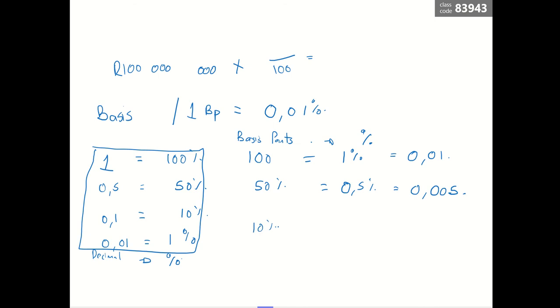10 basis points will be equal to, sorry, take the percentage away there, we don't want that there, it's just going to confuse us. 10 basis points will be equal to 0.1% or 0.001 decimal.